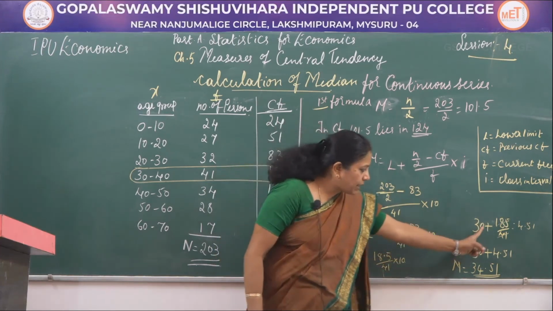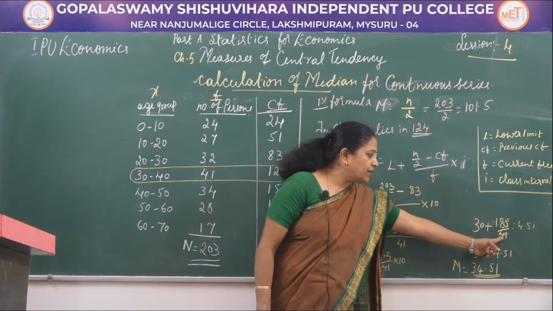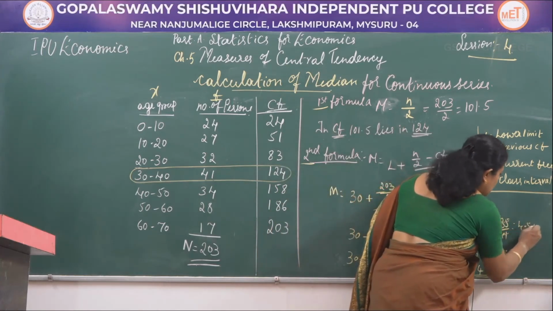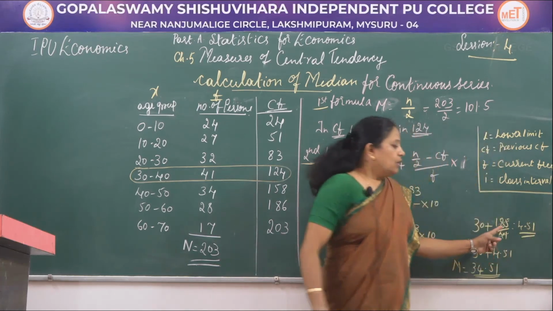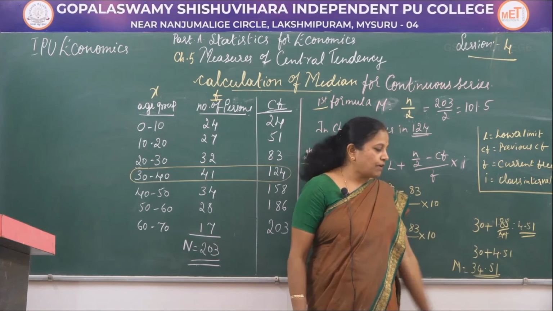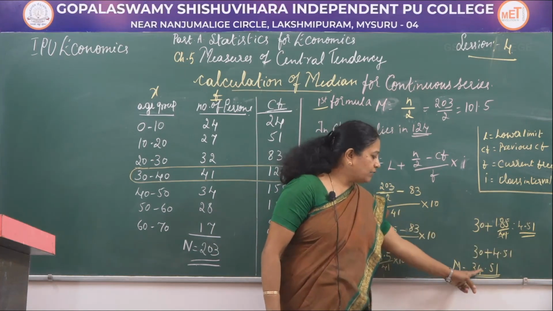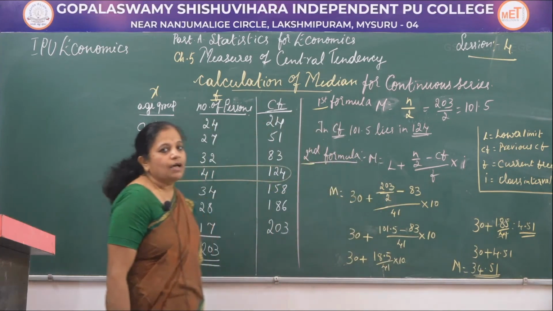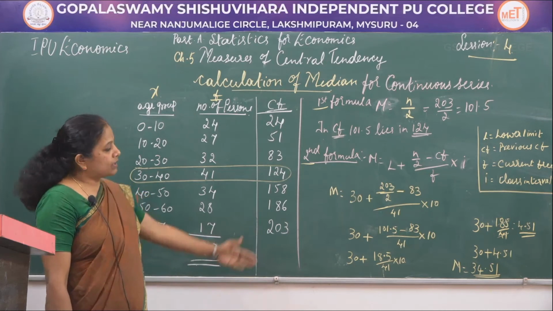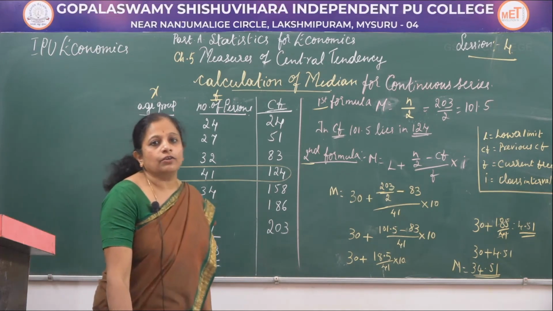So 30 plus 185 divided by 41. 185 divided by 41 is 4.51. So 30 plus 4.51, that is 34.51, is the median value of this series. So this is how we obtain the median value for continuous series.